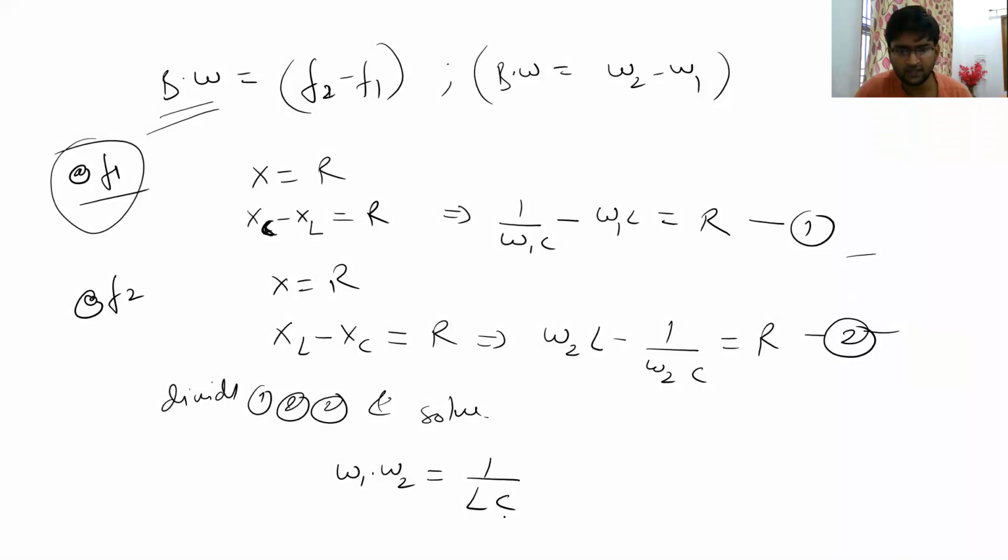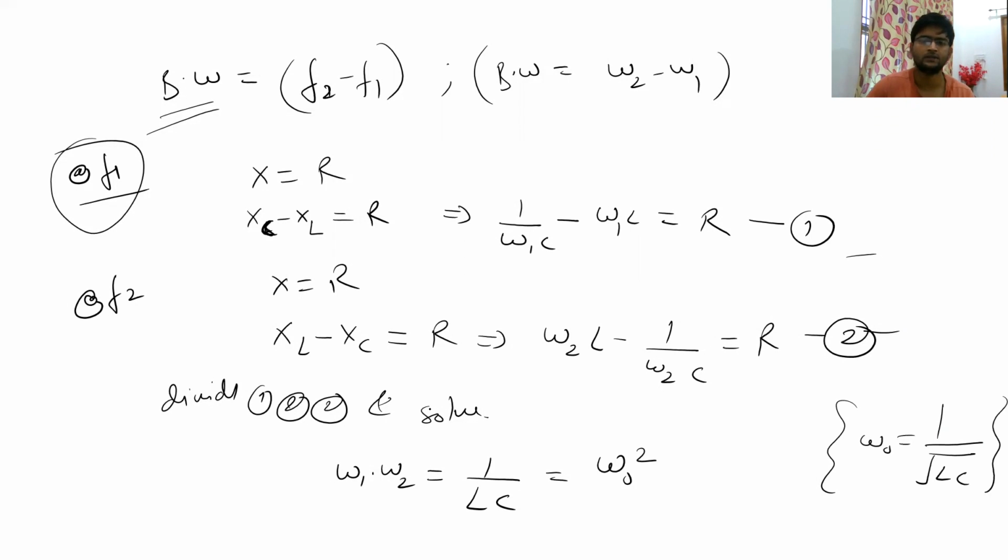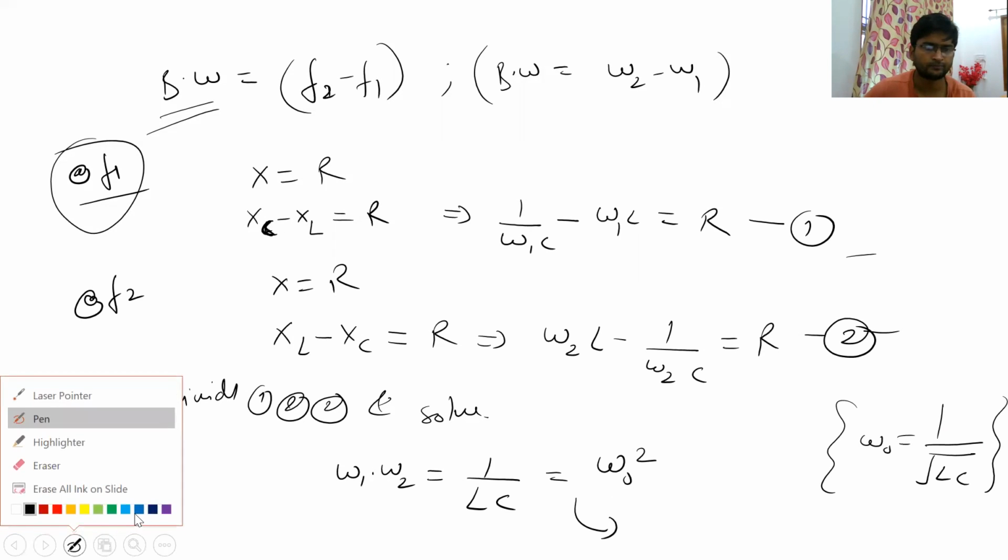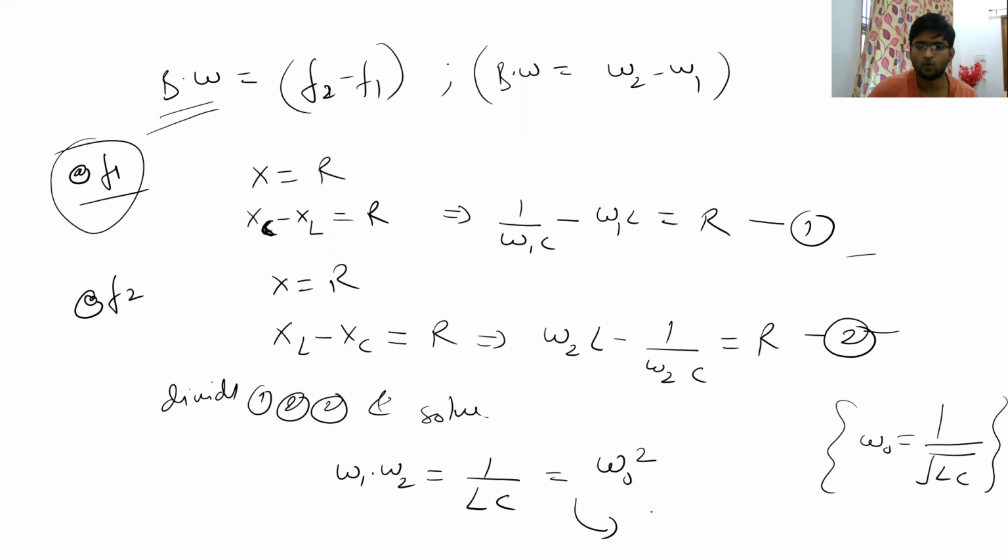So in a resonant circuit, do you remember what is 1 upon LC? It is basically the resonant frequency squared, because you already knew resonant frequency omega naught came out to be 1 upon under root LC, right? So from here, you can say that omega naught is related to these cutoff frequencies omega 1, omega 2 like this.